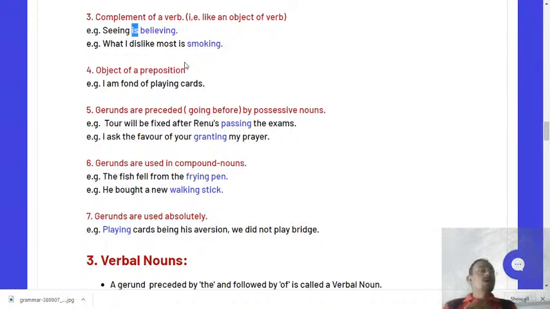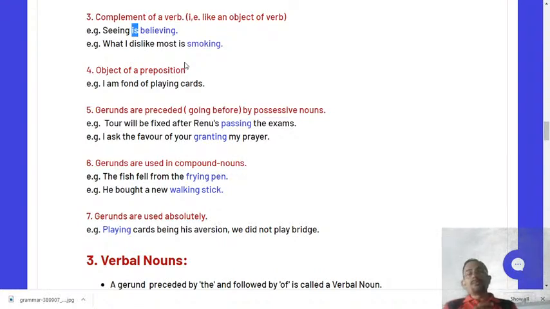Whereas a word that goes after an action verb, that is come, go, dance, sing, sleep, read, write, if a word goes after an action verb, that is called object, but if a word goes after a be verb, it is called complement of a verb.